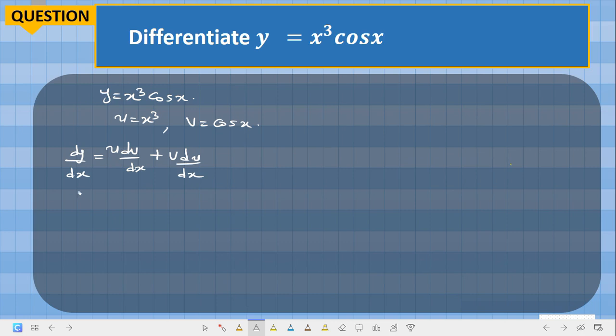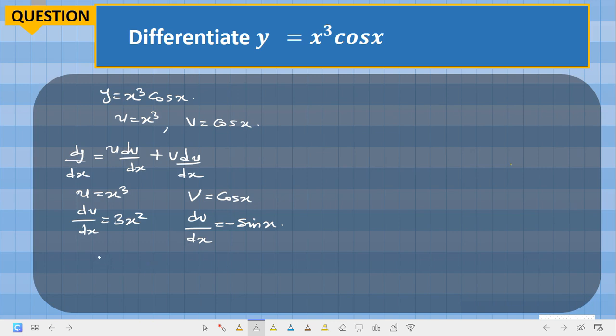So if our u is s raised to the power of 3, du over ds will be, differentiate this, 3s squared. Now if your v is cos s, dv over ds, differentiate cos s, what are you going to have? Minus sine s. Whenever you differentiate cos s, it gives you minus sine s.